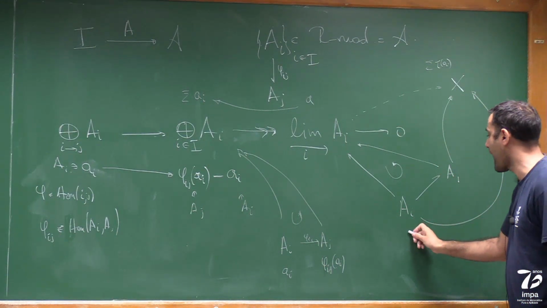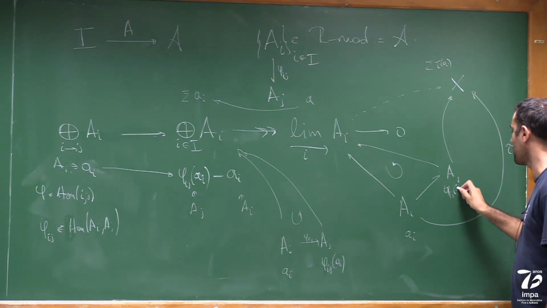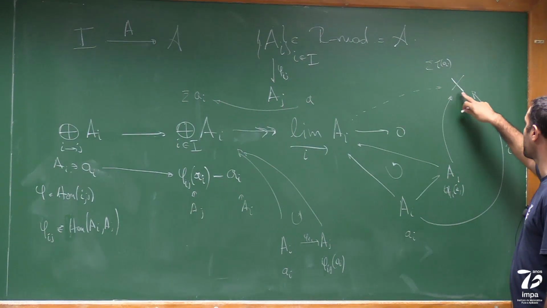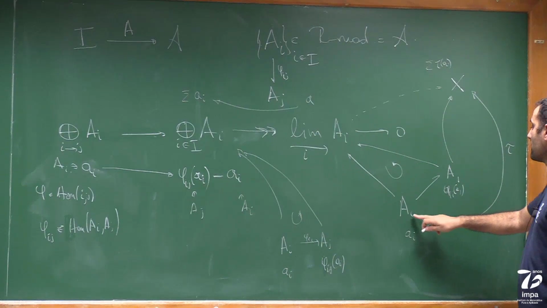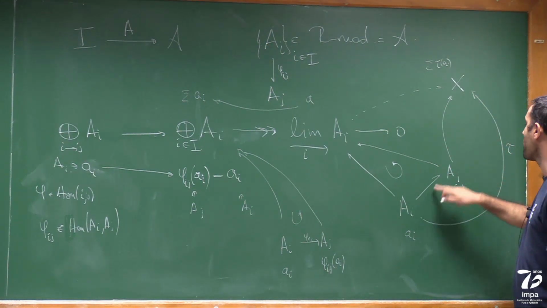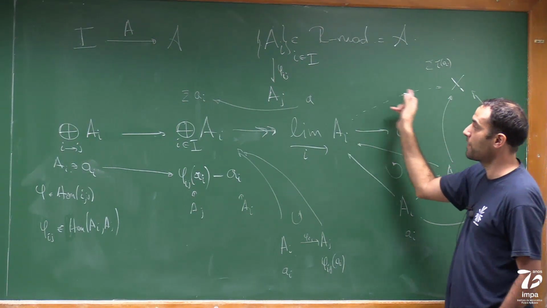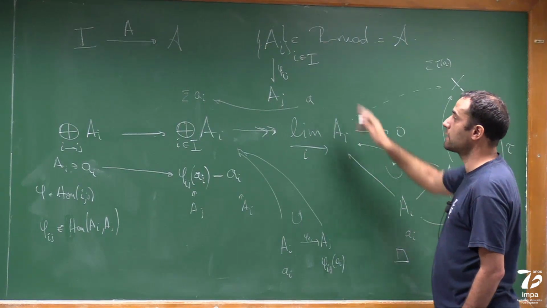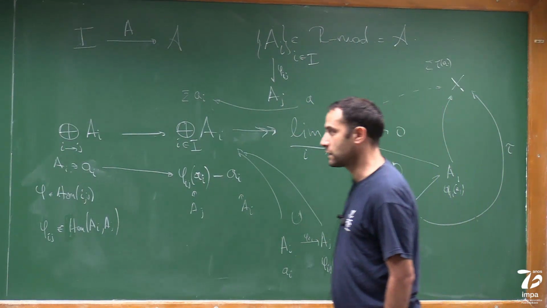I'm identifying AI here with its image, phi ij here of AJ, by saying that they go to the same guy. And that's precisely what the map X, the existence of X, is guaranteeing me. That going from AI or going first to J and then to X are the same. So this does not depend on the choice of the representative here. Okay, so this claim, I think the claim was that this was the co-limit, is proven.